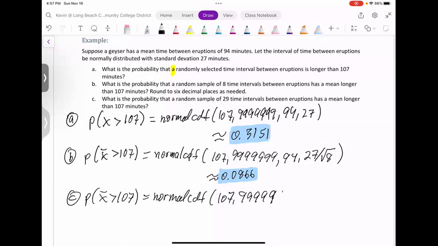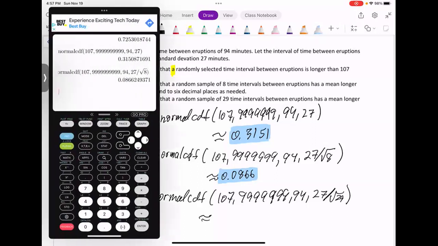Everything else is the same. 27 divided by the square root of 29 now. And notice it went down even further this time.